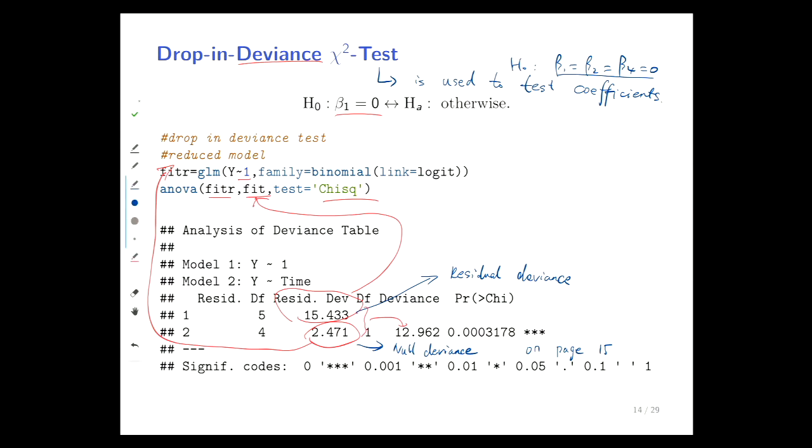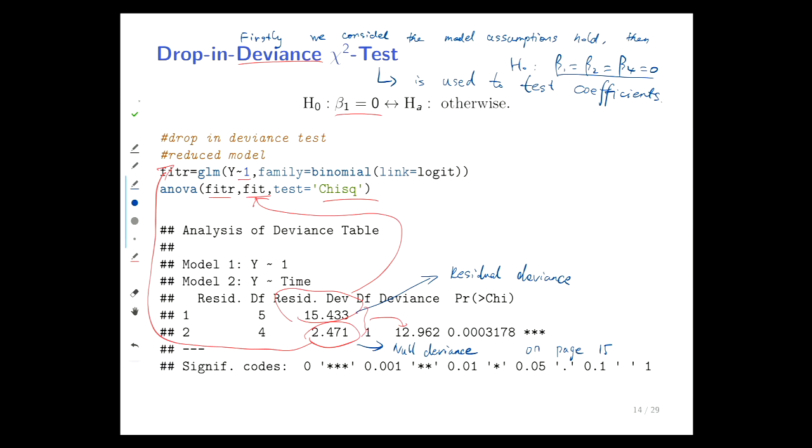In order to perform this dropping deviance test, firstly, we consider that the model assumptions hold, and then we perform this test.